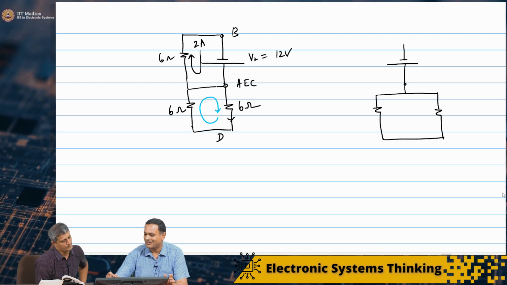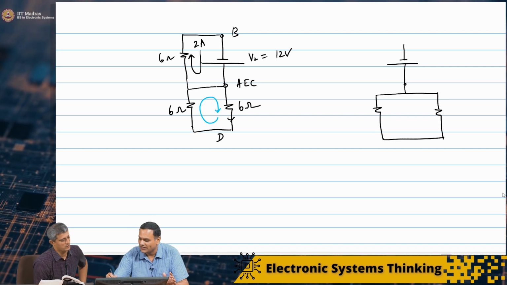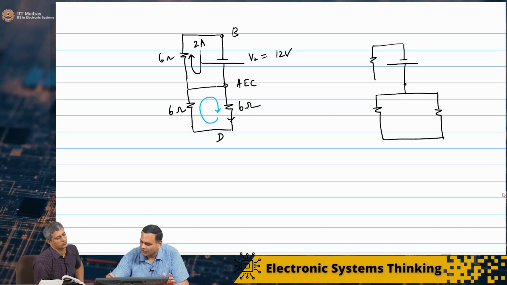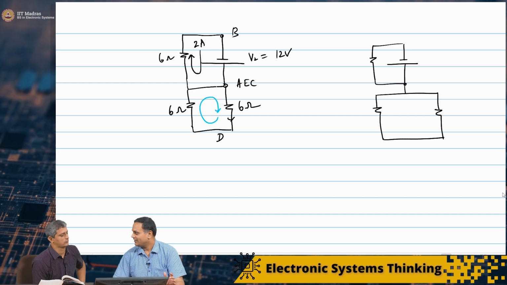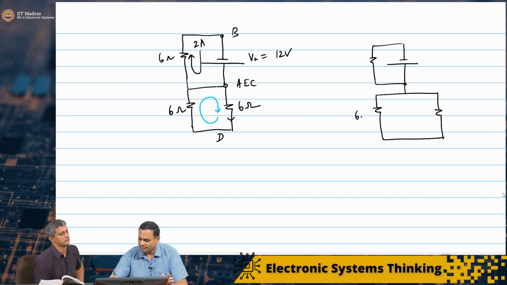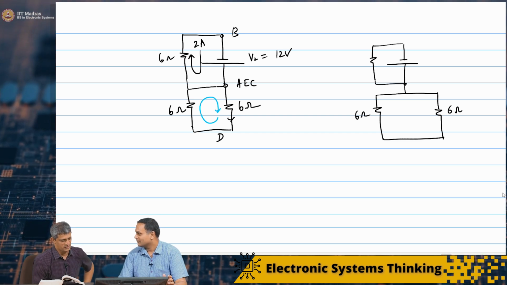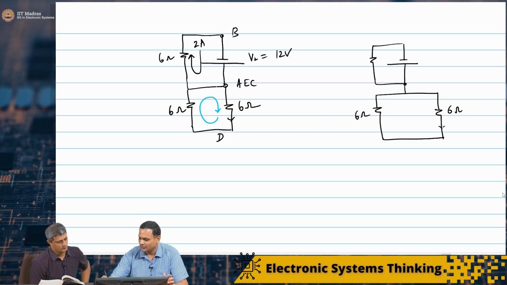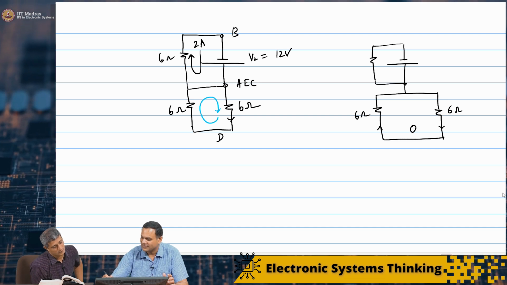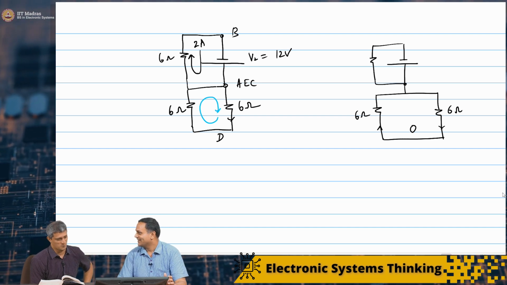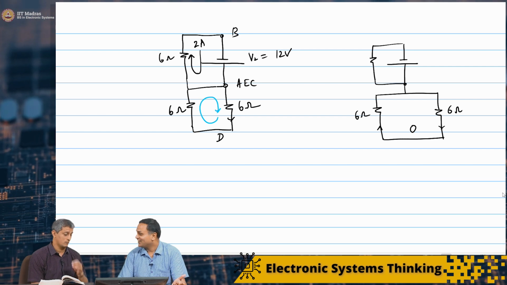I'm removing the other 6 ohms. We can draw it if we want, but basically for current to flow in any loop you need a potential difference, right? So the only way that is possible is if this current is 0. There is no path for the current to flow.